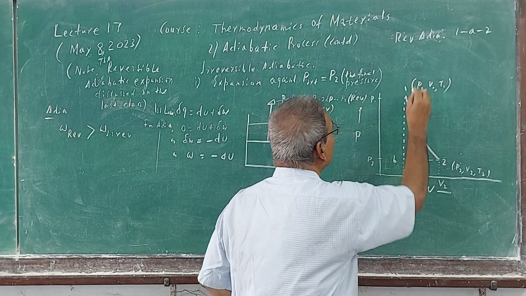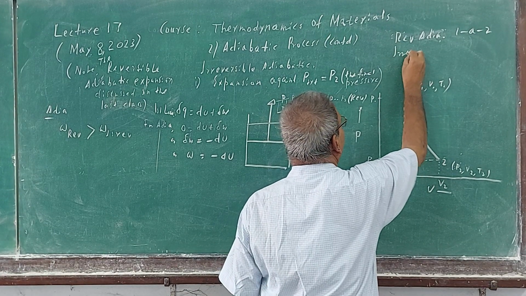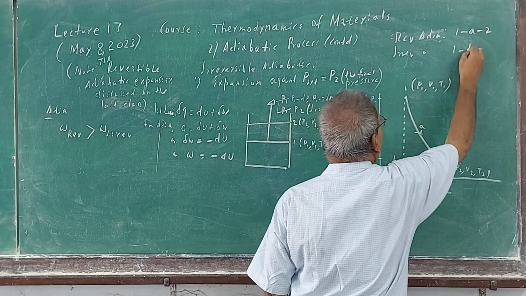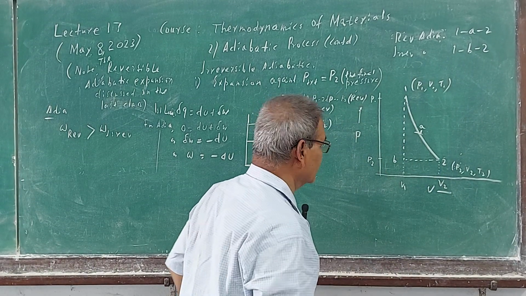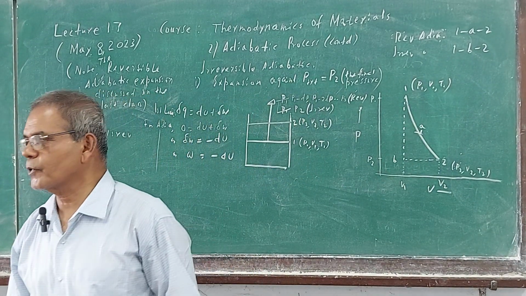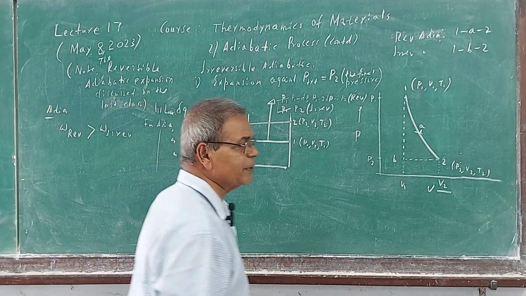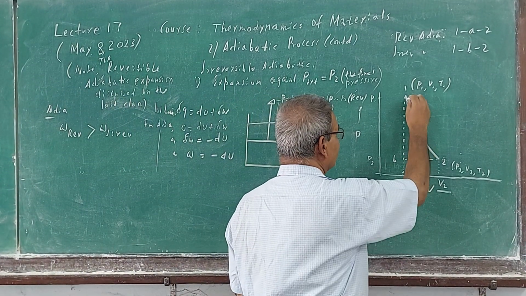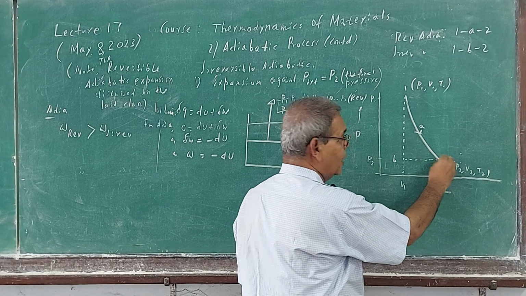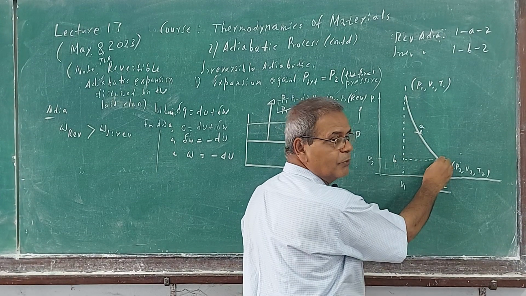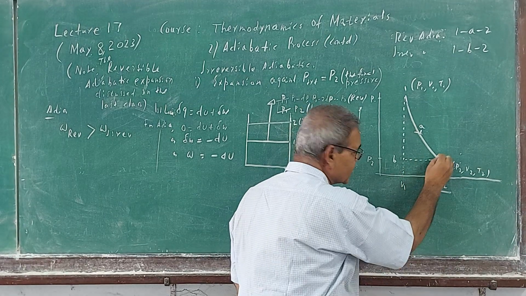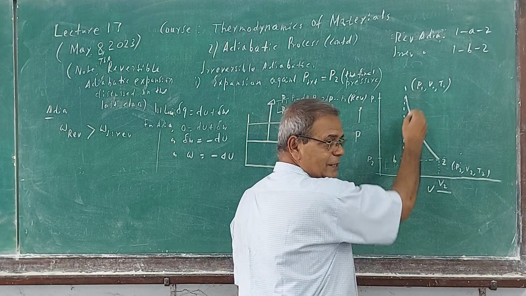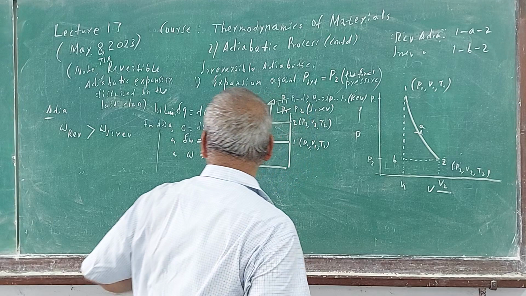Give a name to this: 1 irreversible adiabatic, 1B2. So what is the area? 1A2 or 1B2, which is greater? 1A2 is greater. 1B2 means this much, while 1A2 is actually plus. So this work is greater.